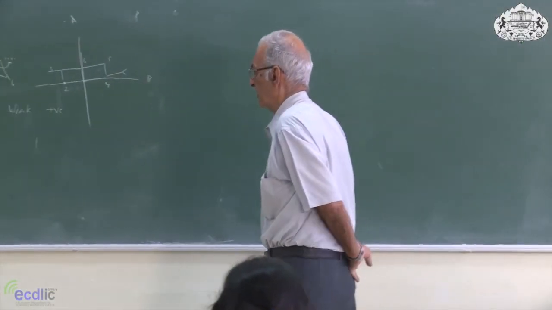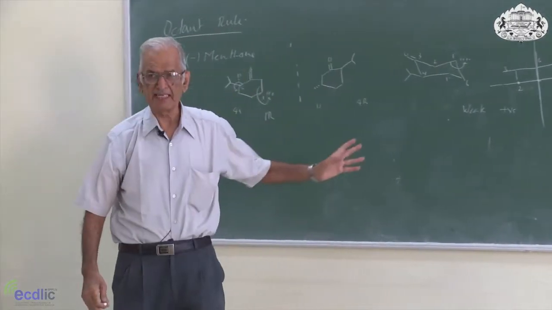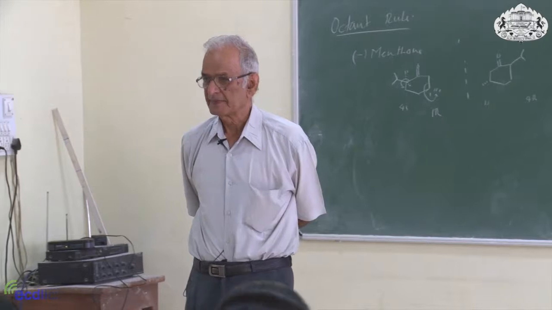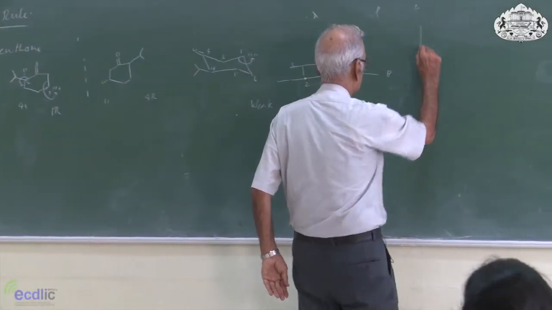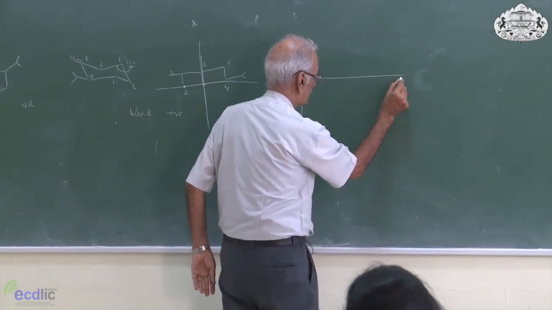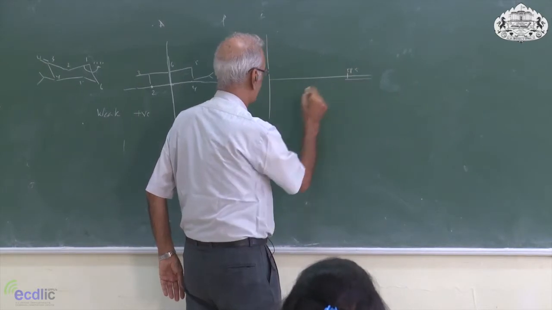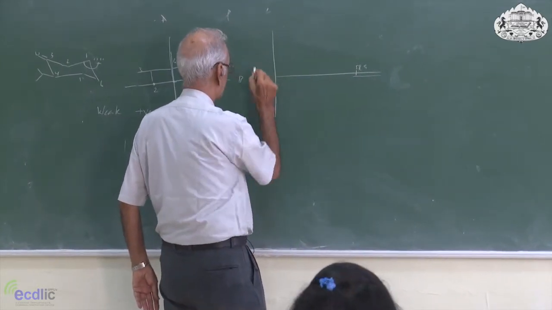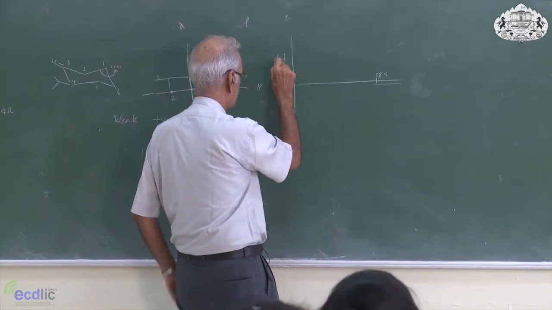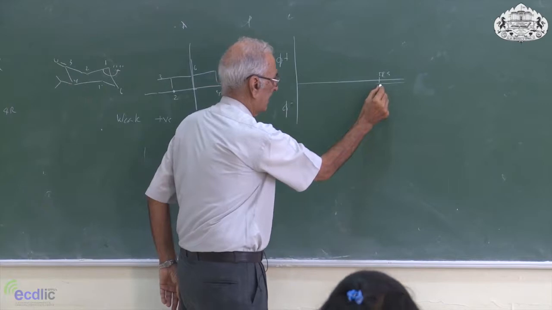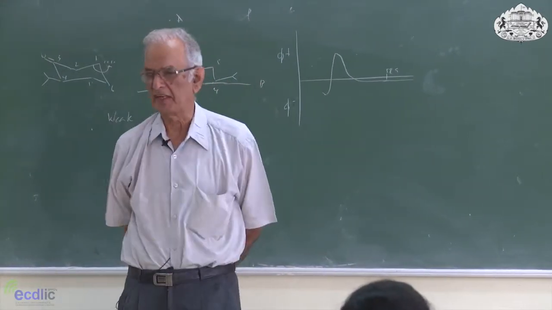Is there some confusion here? Here we say minus menthone, then we say weak positive. How can we explain this? So, when I say minus menthone, what does it mean? At 589 the rotation is negative. Sorry, what is this? Molecular rotation, and it shows weak positive Cotton effect.